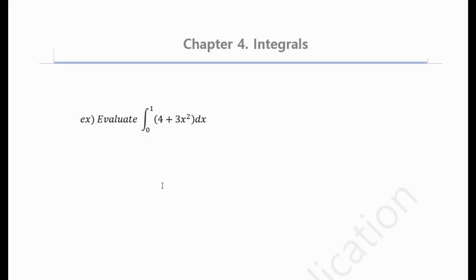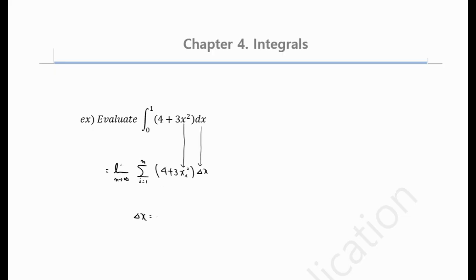Evaluate the integration from 0 to 1 of 4 plus 3x squared. In order to evaluate this definite integral, we need to change it into the Riemann sum. The Riemann sum is the limit as n approaches infinity, sigma from i equals 1 to n, of 4 plus 3 times the sample point xi squared, times delta x.